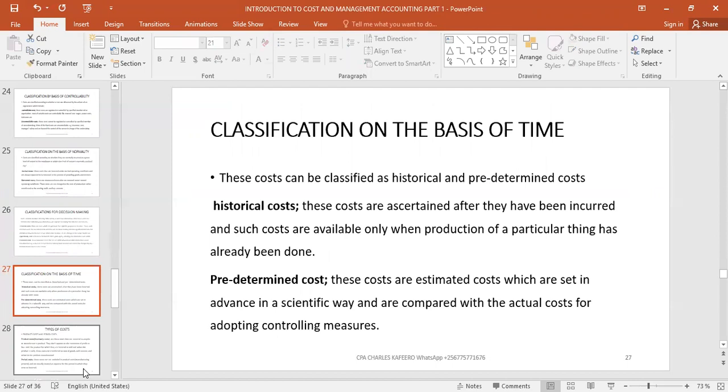The basis of time is when those costs are incurred. If it is historical, it means those costs were actually incurred, or they happened in the past. But if it is a predetermined cost, or a standard cost, or a budgeted cost, it's something you just forecast. It is in the future.